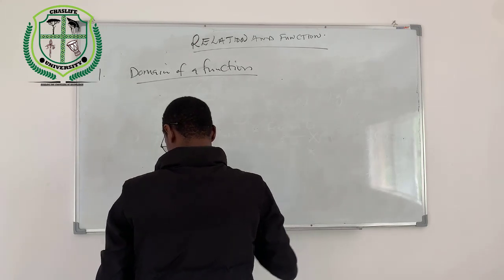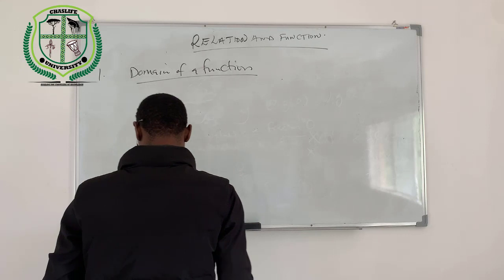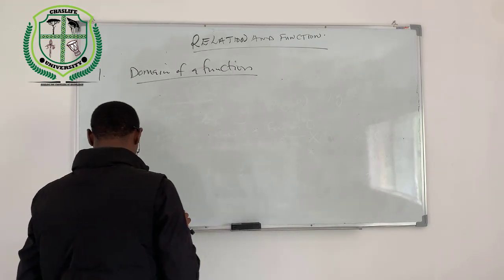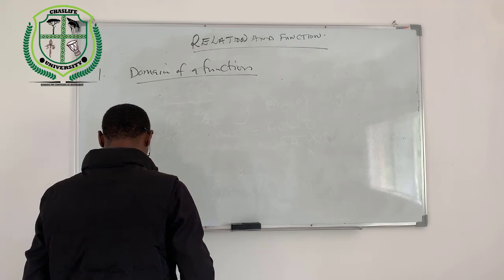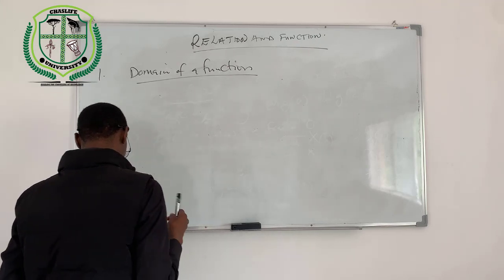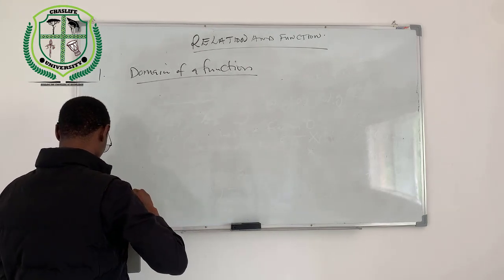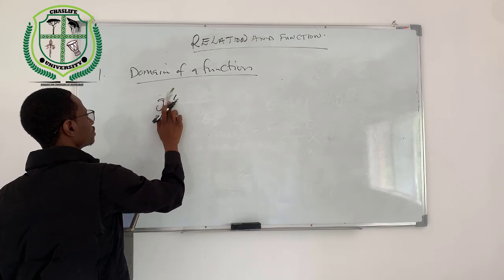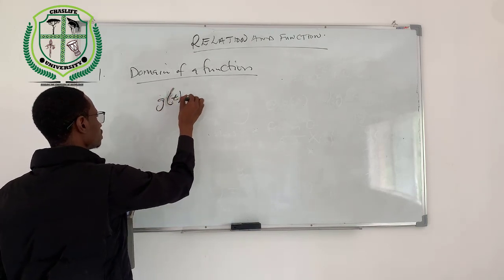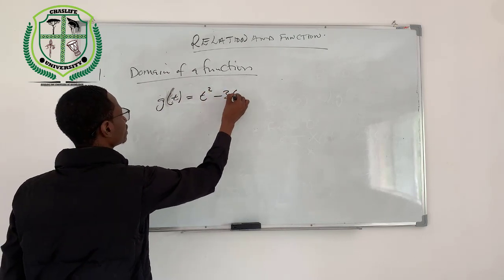So if we say g of t is equal to t squared minus 3t.